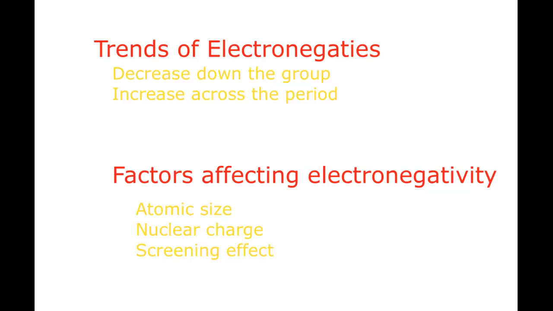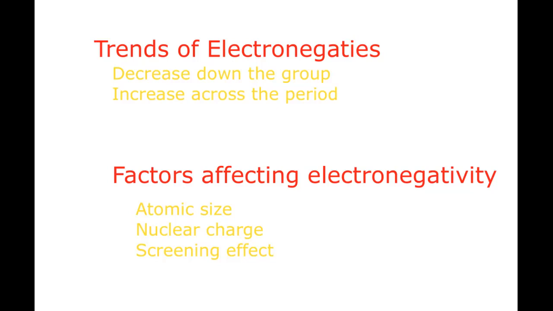So the nucleus is attracting the electrons more strongly, which is why atomic radius decreases across the period. So at the end of the period, there is a smaller atomic radius, and the nucleus will attract the bonding pair of electrons more strongly. And that is why the electronegativity values increase across the period.